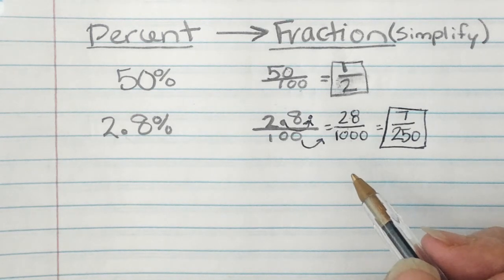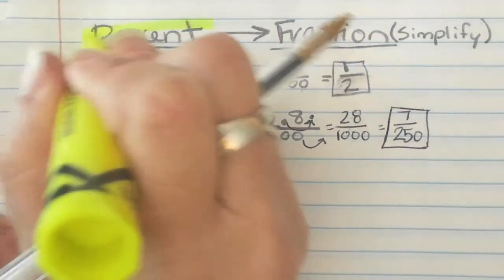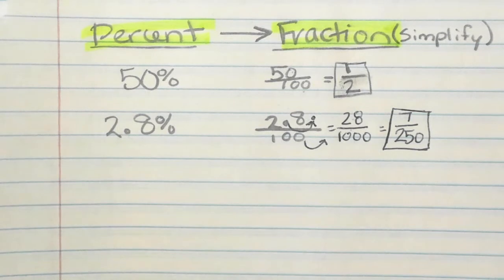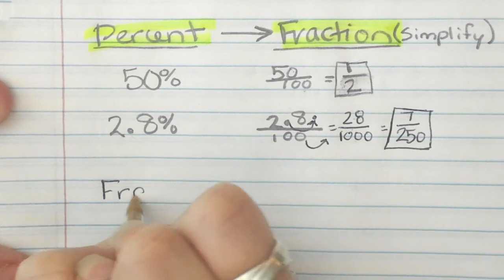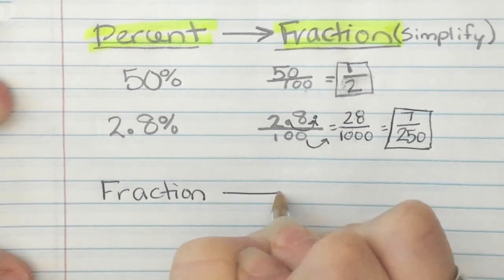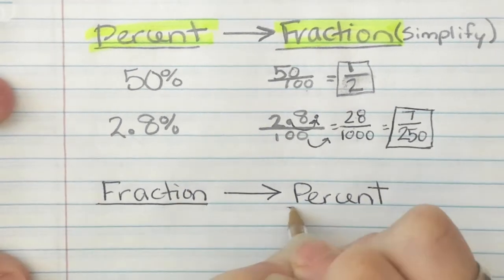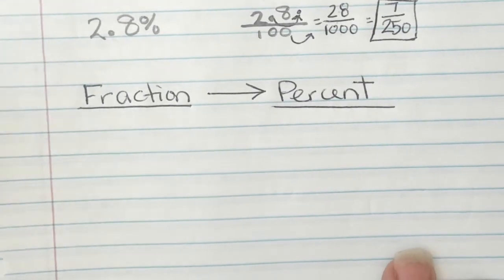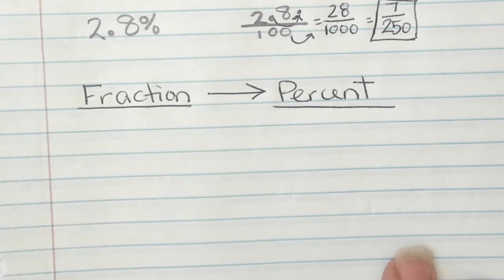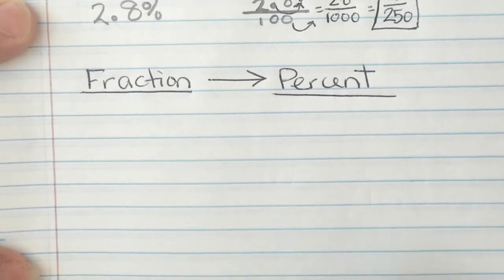Okay. The next section, because we've kind of already done these sections this week and last week, is going from a fraction to a percent. Now, you cannot jump straight from a fraction to a percent. To be honest, we're going to have to divide first and then bounce the decimal.